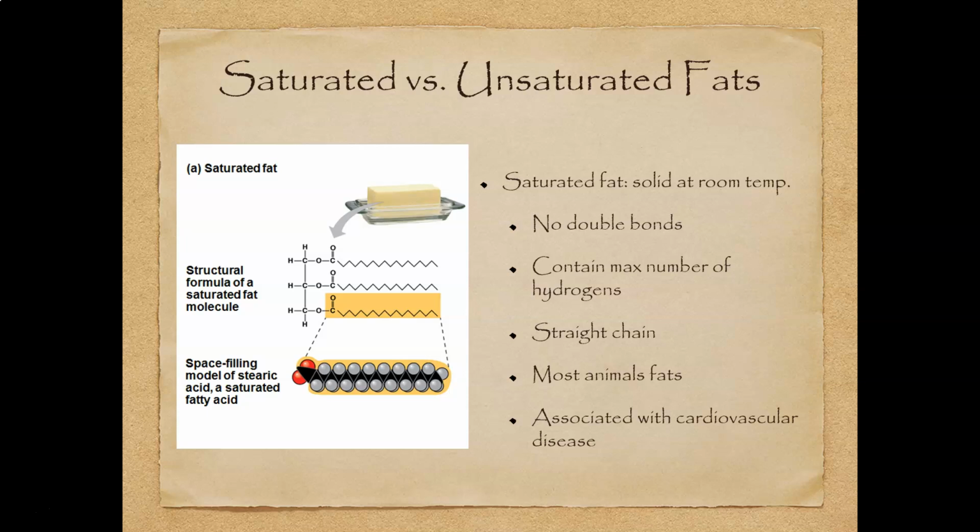As a result of them being saturated, they end up forming these straight chains, and so it's really easy to tightly pack those straight chains in molecules. They are able to hold their structure even at room temperature. Most animal fats that we think of, butter, the fat off of a strip of bacon or steak, right?